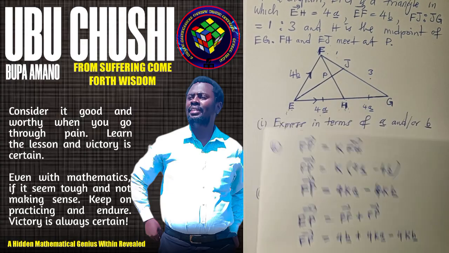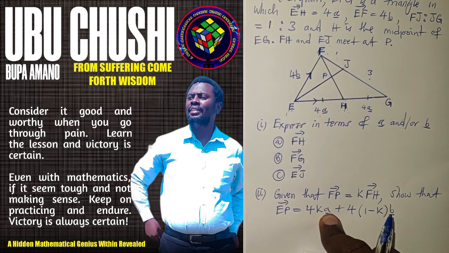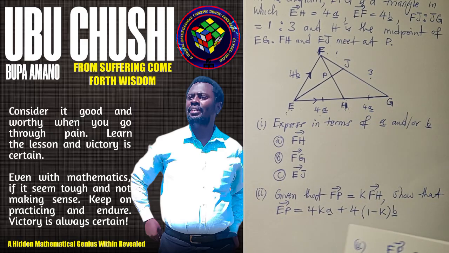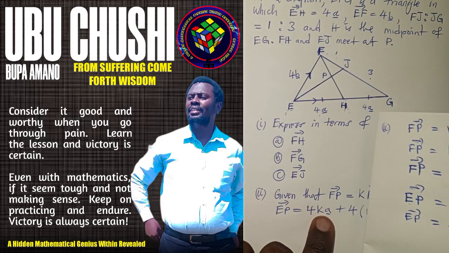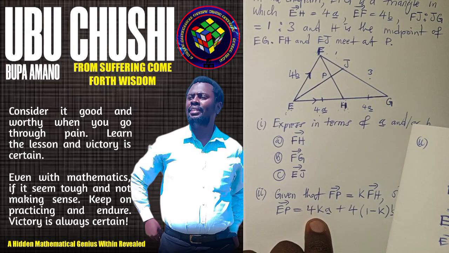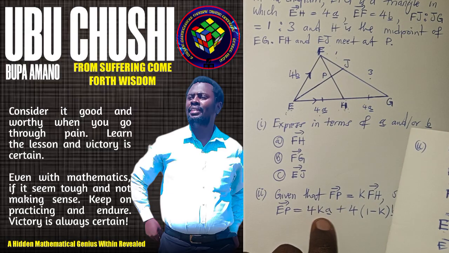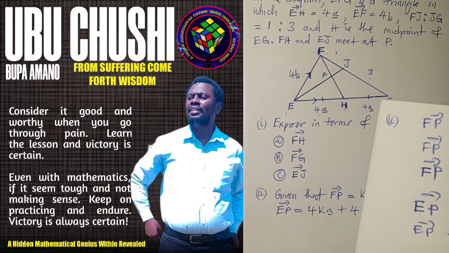Okay, so we want to show that EP is equal to that. So it's just a matter of comparing what we have and what is here. Okay, so we can see that there is 4k vector A. So it's just a matter of rearranging the terms.